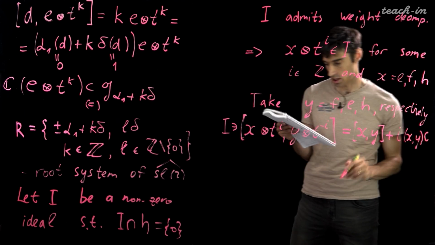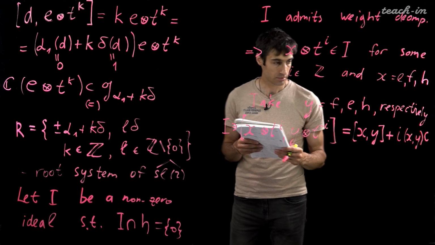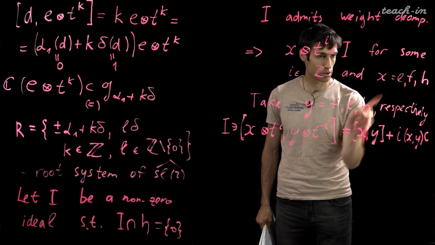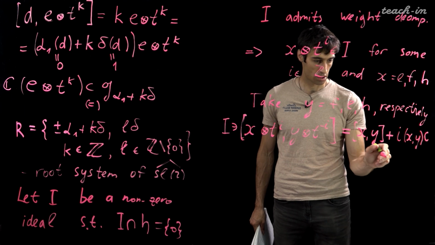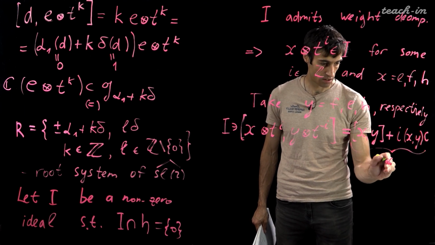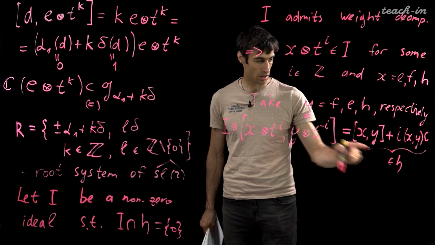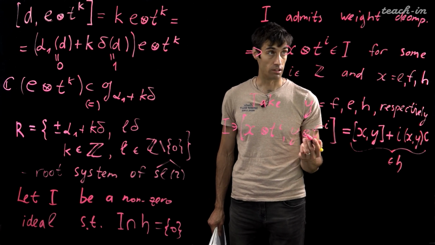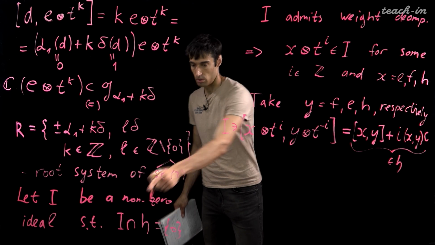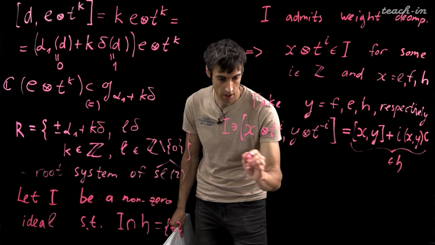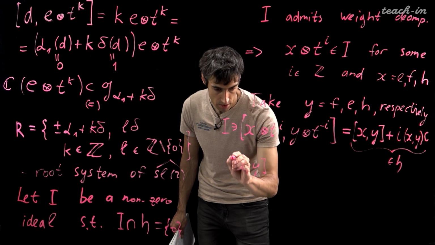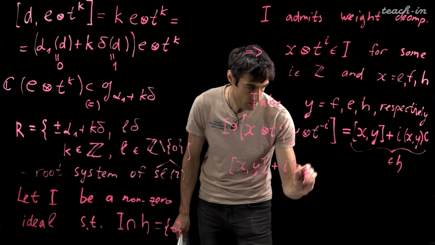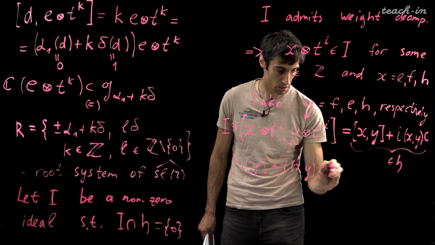C is in H, and X and Y are chosen in such a way that they are also in H. So therefore, the whole thing is in H. So it's in I and it's in H, so it's in the intersection. But the intersection is trivial. So therefore, we have that the commutator of X with Y plus i times the trace form of x y times c equals 0.